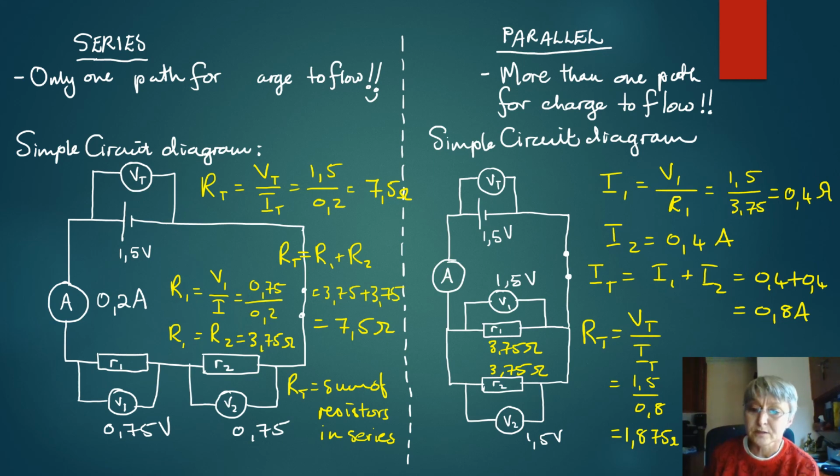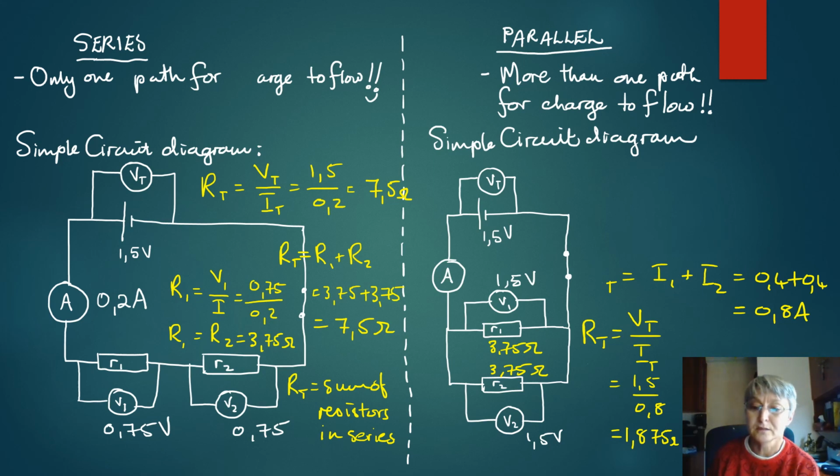So, what is the relationship between the 1.875 ohms and the 3.75 ohms for each resistor? For this, I will need some more space. Now, it is very interesting to see that if you add resistors parallel to a battery, you're actually decreasing the total resistance in the circuit.